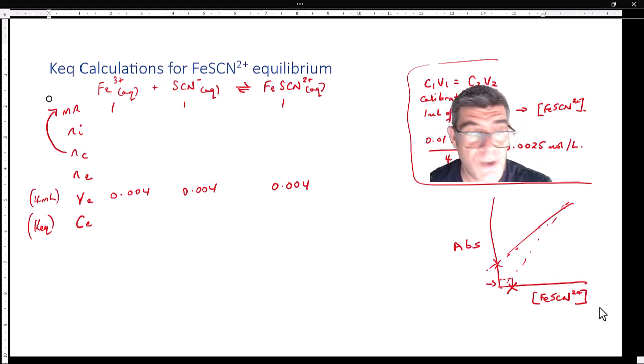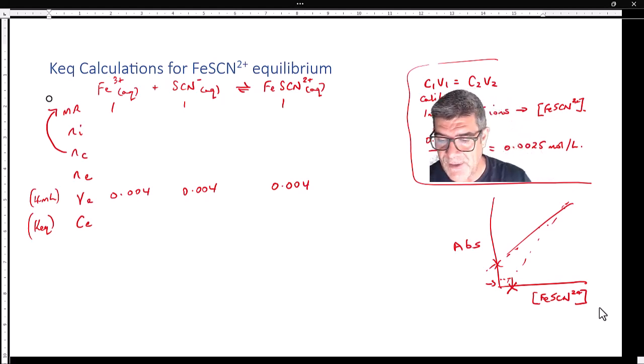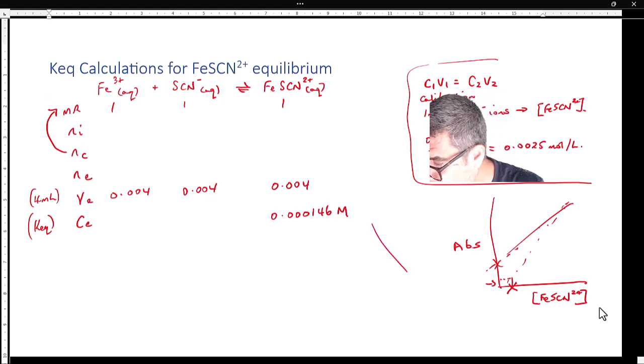Now one of them I already have, and I'm actually going to use the value that I have from the one that I extrapolated back to the origin. And so that concentration is equivalent to 0.00146 molar. Okay, and so that's the value that I got from there.